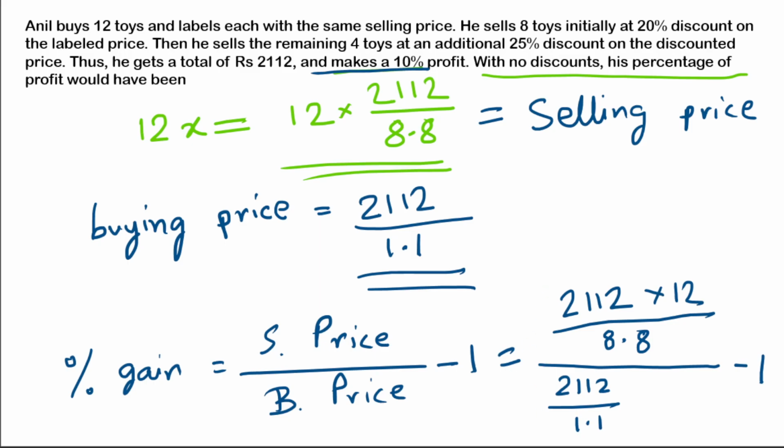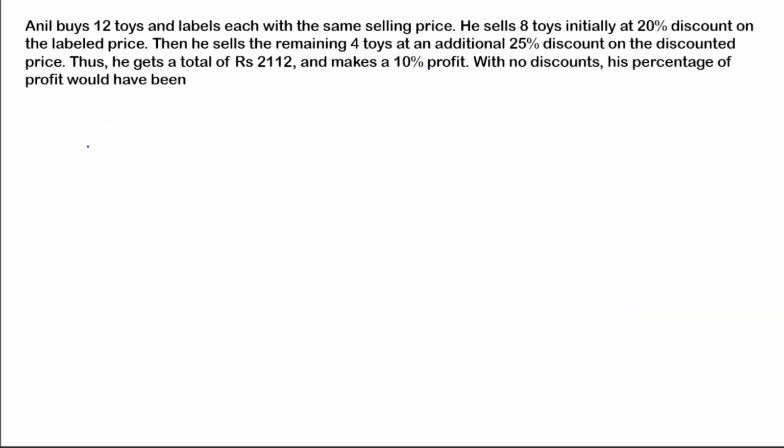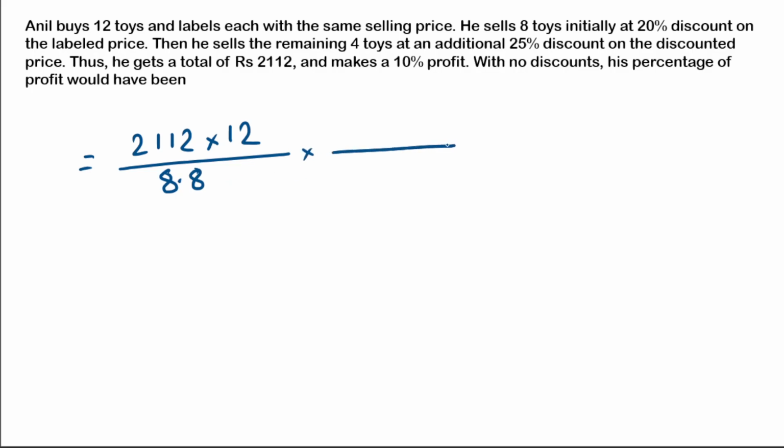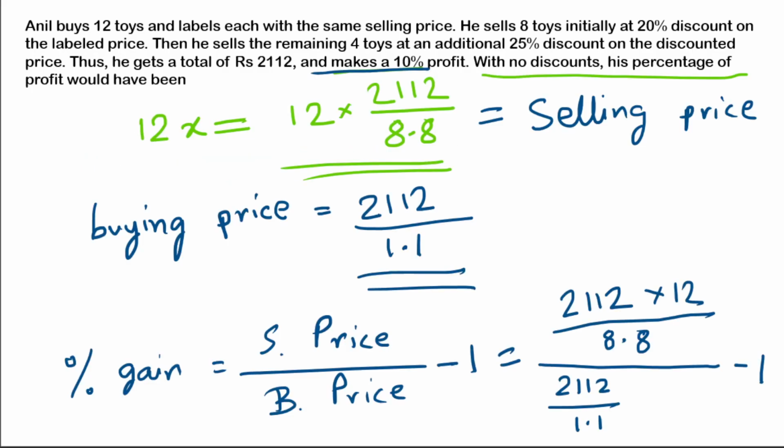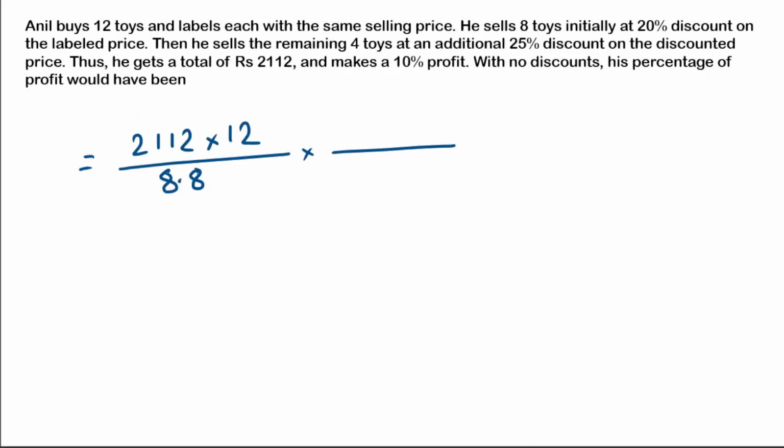We simplify this as 2112 into 12 by 8.8, and we are taking the denominator upwards, so we will have 2112 by 1.1, minus 1.